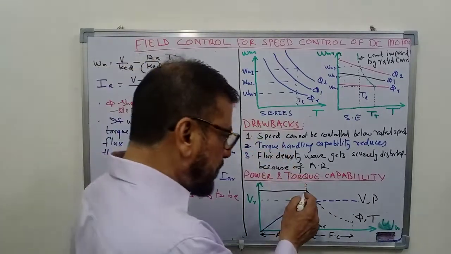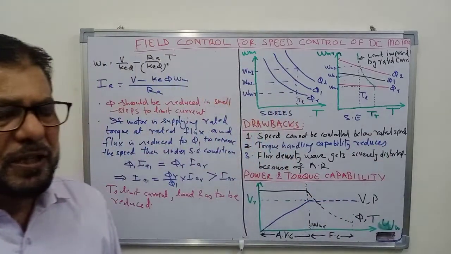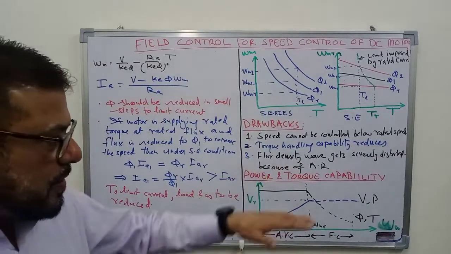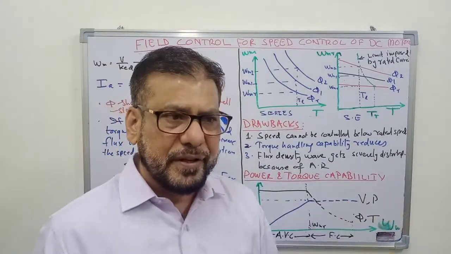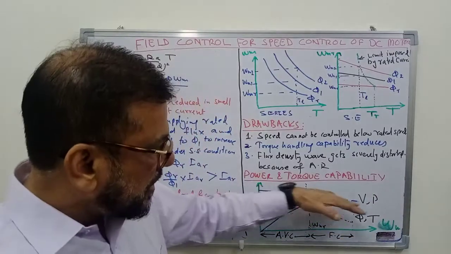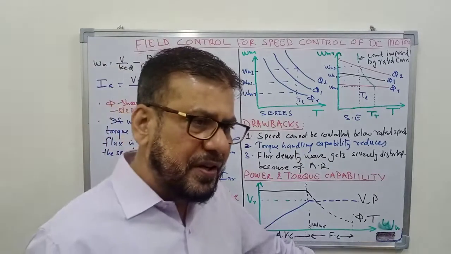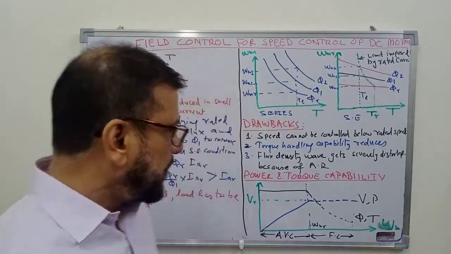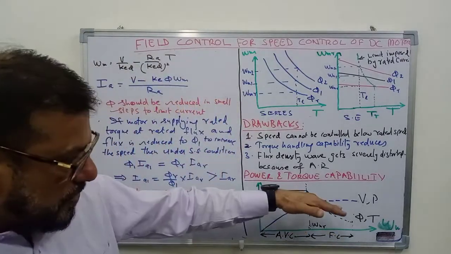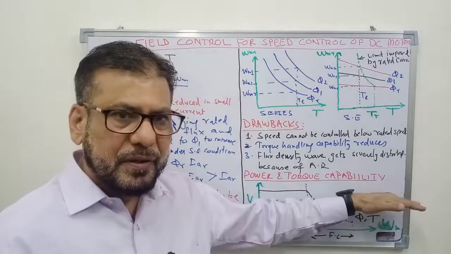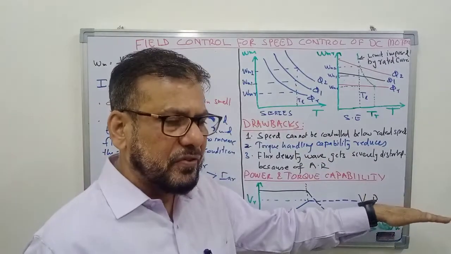So the torque produced by the motor will decrease, while the power produced by the motor will remain constant, because power is equal to V into Ia. So power remains constant, while the torque produced by the motor will go on decreasing at rated current. So this means that the field control drive you may call as a constant power drive. The torque reduces, but the power remains constant.